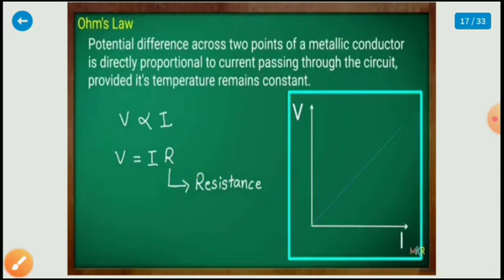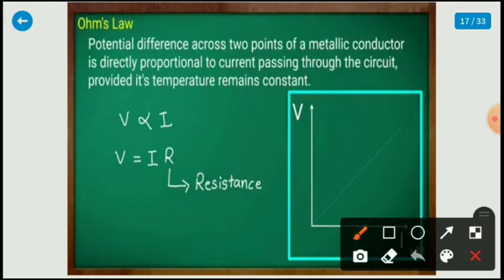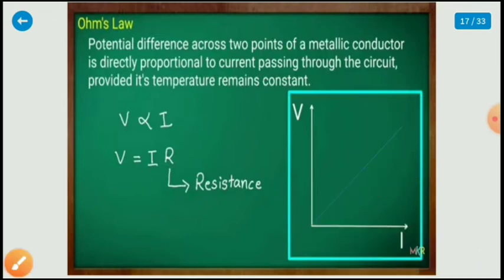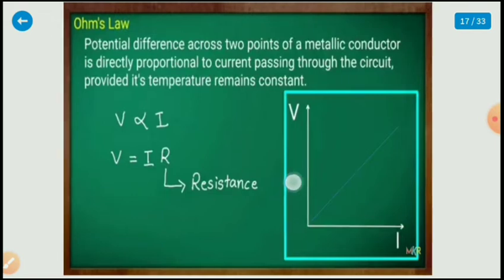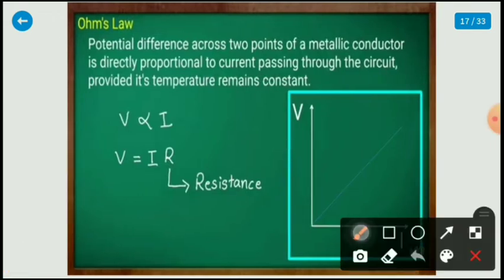If you plot a graph of voltage versus current, the graph will always be a straight line, because as we increase the current, the voltage also increases, or as we increase the voltage, current also increases.